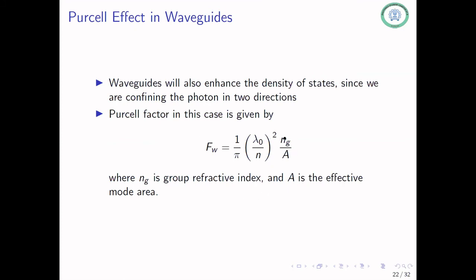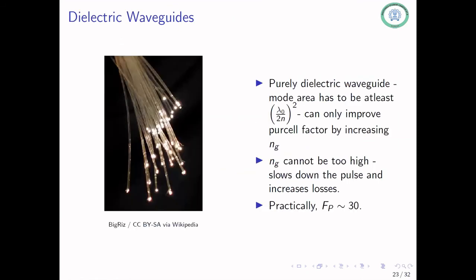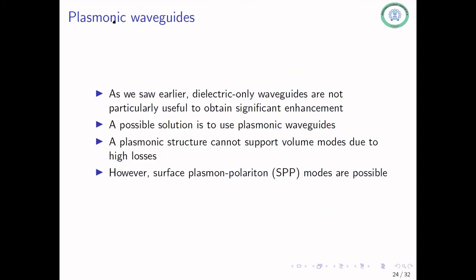Ng is your group refractive index, and A is the effective mode area, again the critical term, analogous to Q over V. Now if you look at a dielectric waveguide, you'll again have your restriction on the mode area, similar to your cavity, and your Ng also cannot be too high, because first of all you'll slow down the pulse, you'll increase losses, and also there's a practical limit on how much you can increase it. That means that your Purcell factor is limited to about 30. This is definitely not satisfactory, so we'll see if we can increase this using some kind of plasmonic structures.